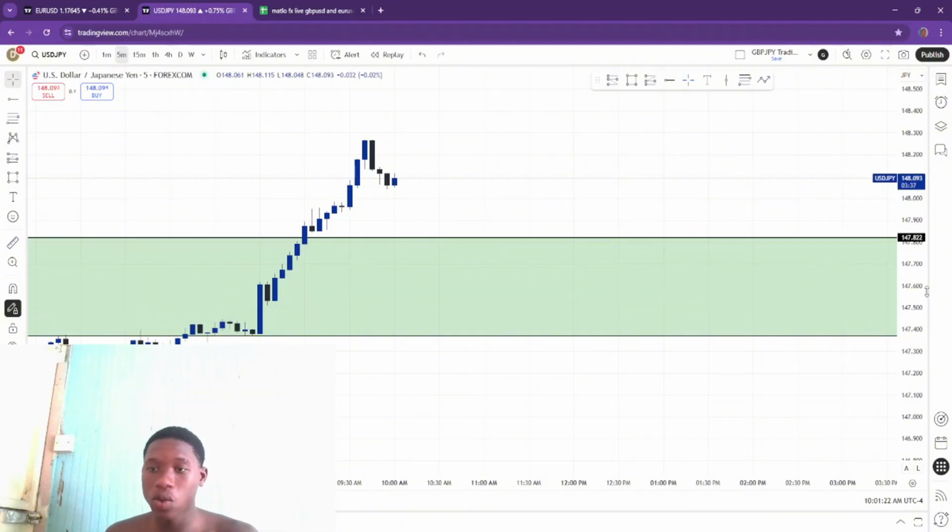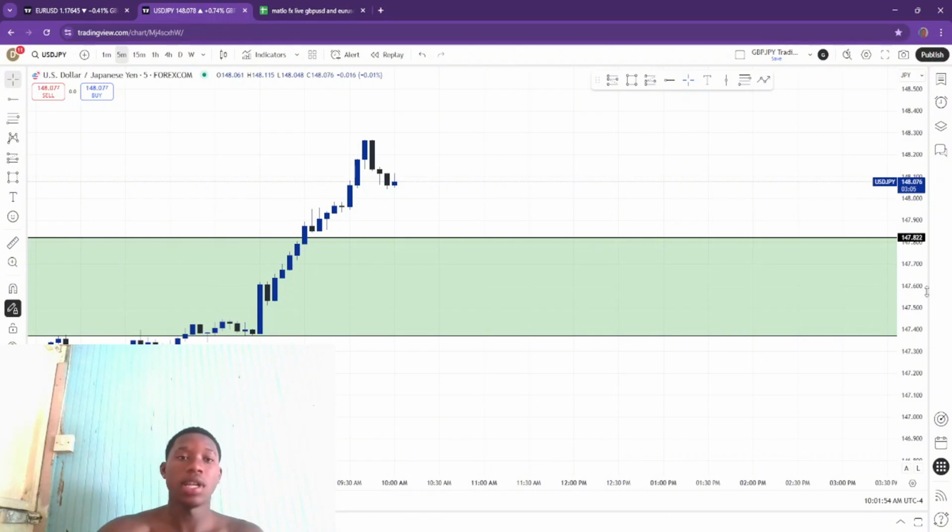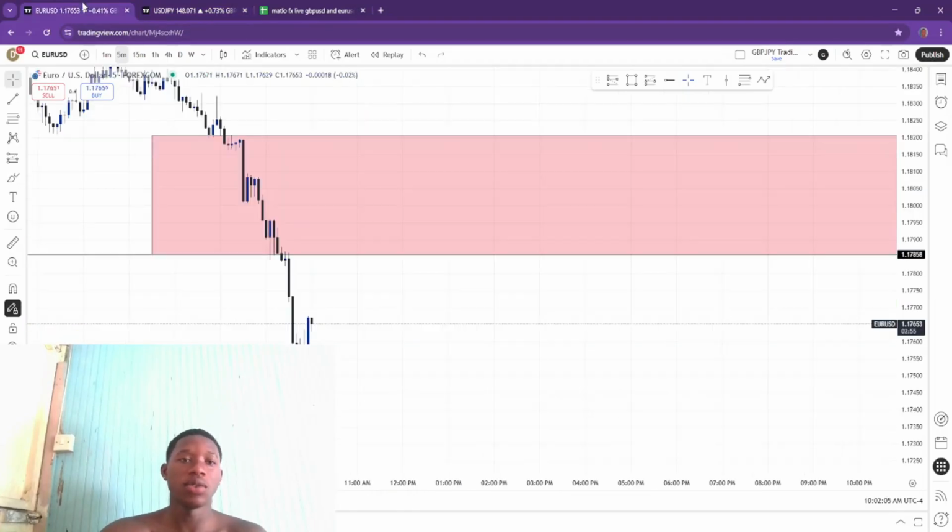Halfway point is 147822. 14877, yeah, it correlated. Okay, that's that. So we're looking for price to go below there, under on the 1 minute, reject, create a liquidity point, then reject and go up. Simple.